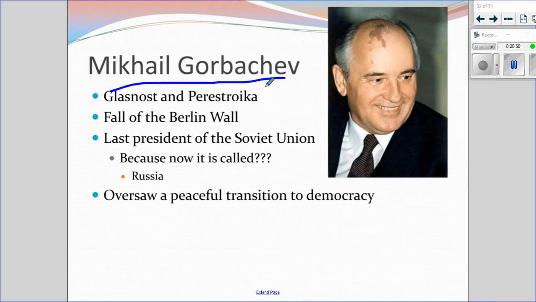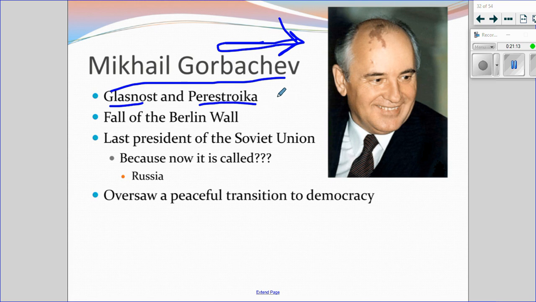Mikhail Gorbachev, we've already talked about. Nobel Peace Prize winner, leader of the Soviet Union, willing to let communism fail, refused to keep communism intact by force, introduced glasnost or openness, listen to the Soviet people, and perestroika, which means restructuring.